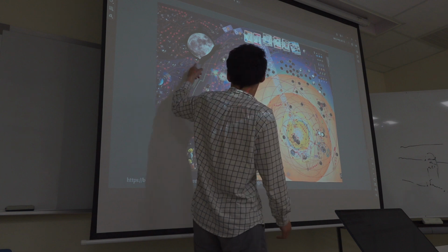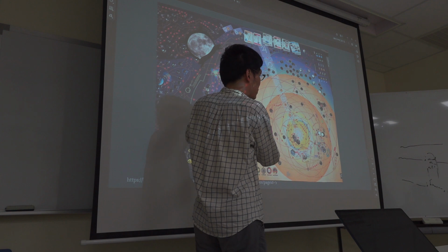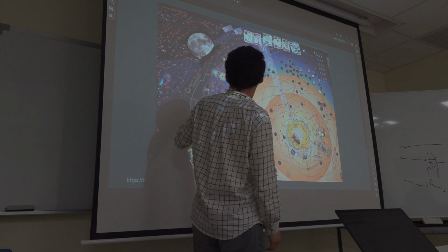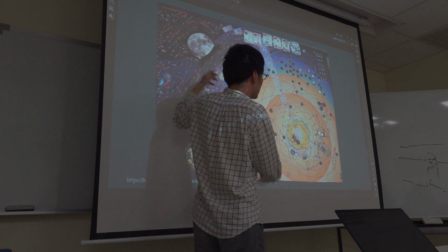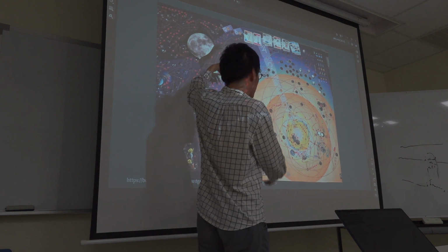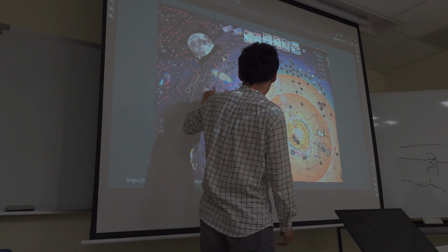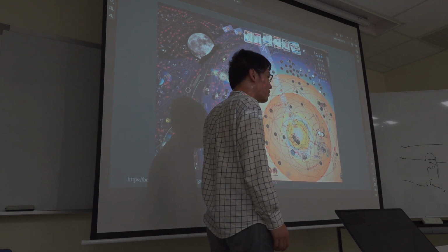So for example, you choose how you want to enter the planet, or you can make colonies, build your station and foundry workshop like this. So yes, every hexagon has its own meaning too.